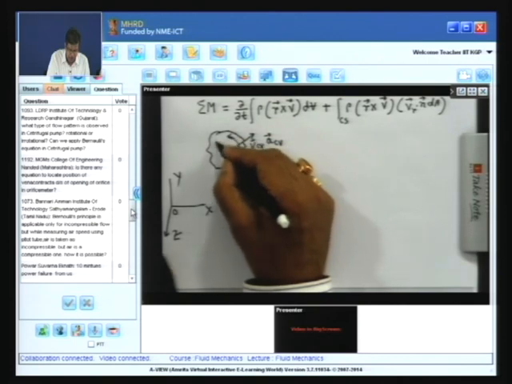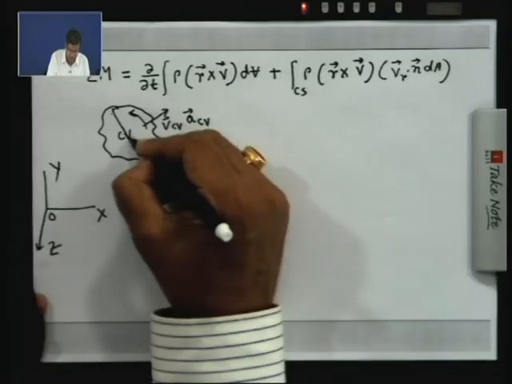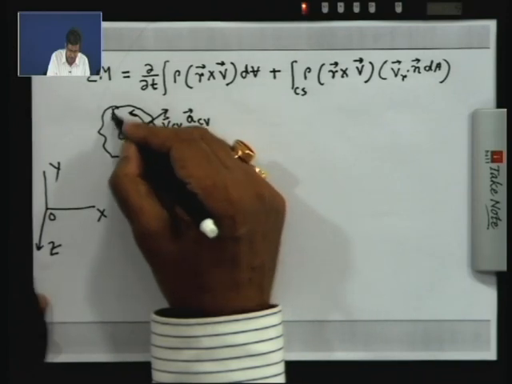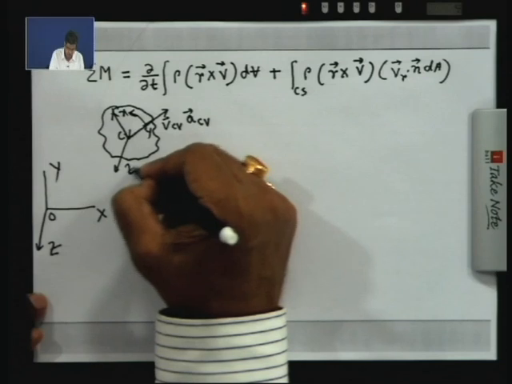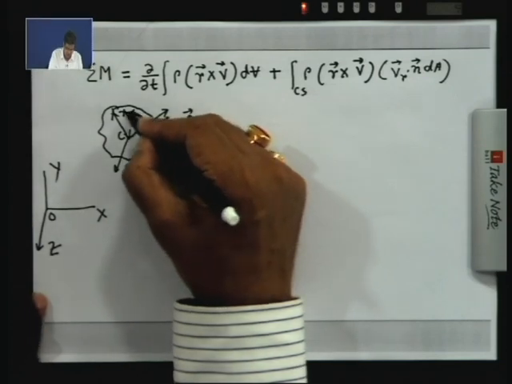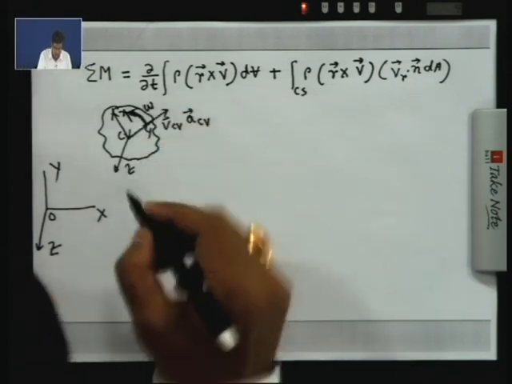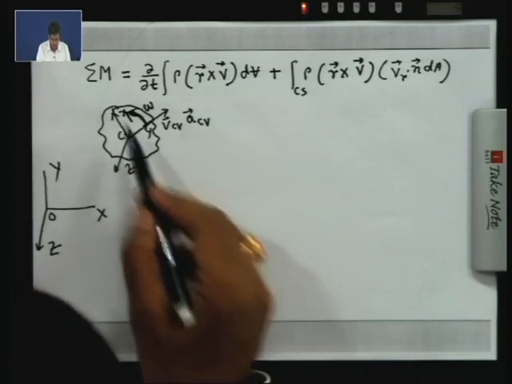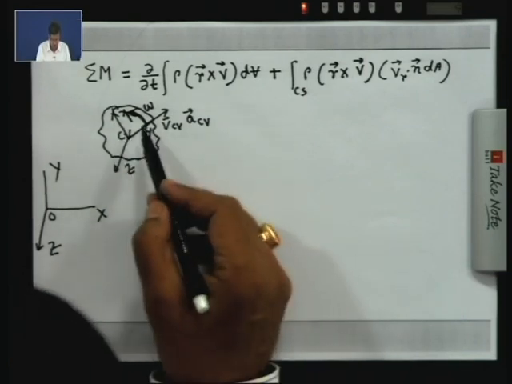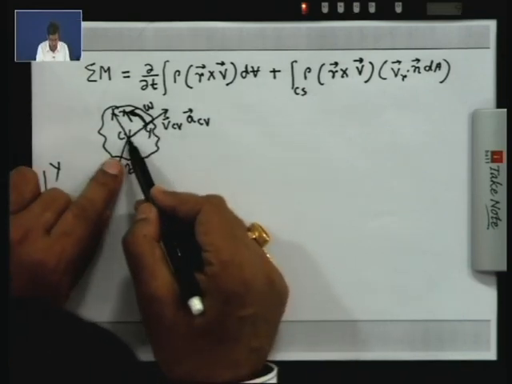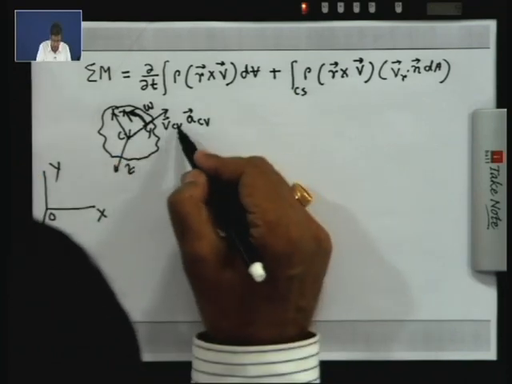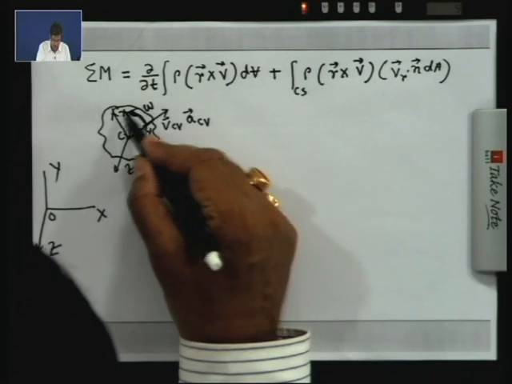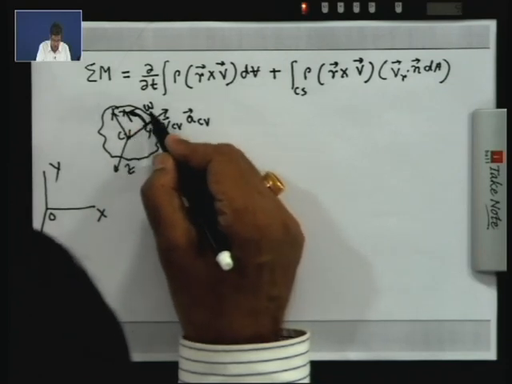Then if we attach an axis, small x, y and z, which is rotating with an angular velocity, that means this control volume is rotating. If we attach the axis of reference to the control volume, it is, along with its rectilinear motion and acceleration, rotating with an angular velocity omega.